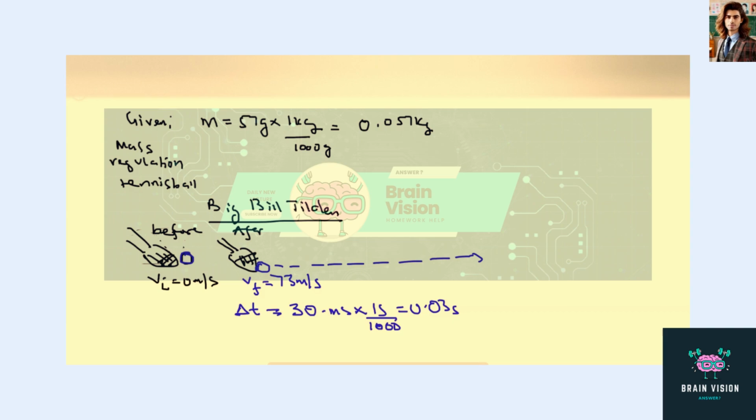The second player is the opponent, and the opponent happens to be on this other side, and they also have their own racket.